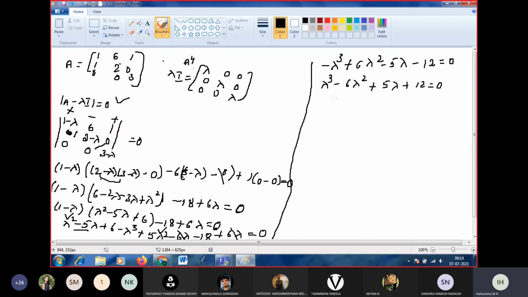Solve the cubic equation using your calculator, or you can solve this by trial and error method, find one root. Then by synthetic division method, you can find the other two roots.